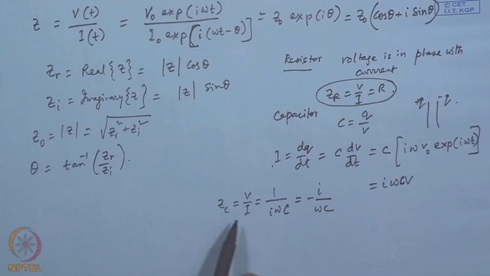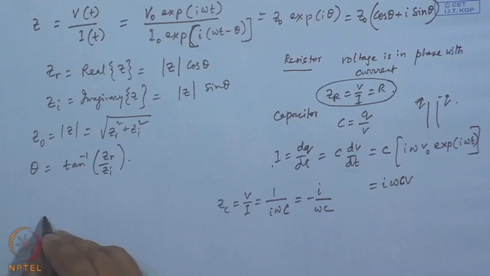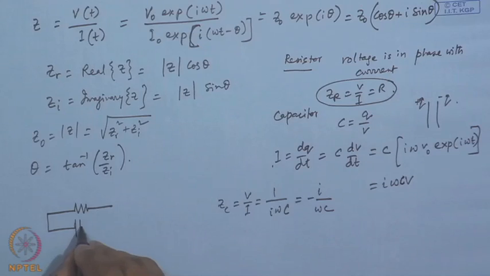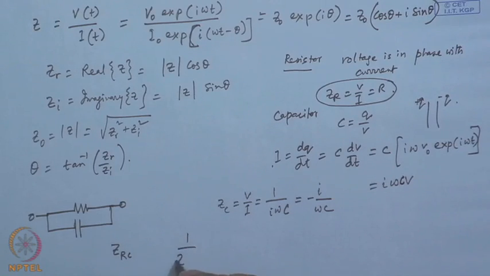Now, if somebody works with a resistor and a capacitor and tries to find out the ZRC, then it would be defined by 1 by ZRC equal to 1 by ZR plus 1 by ZC.